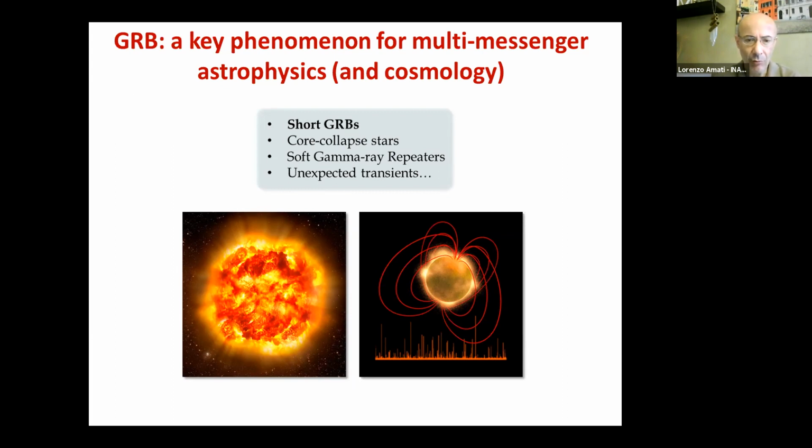But in any case, it is worth mentioning that core collapse of very massive stars, if the core collapse is asymmetric, can produce gravitational waves, or other extreme sources like soft gamma ray repeaters, which are produced by magnetars, hugely magnetized neutron stars, if these bursts of soft gamma rays are produced by quakes or instabilities of these neutron stars, which could also produce a weak gravitational wave signal.